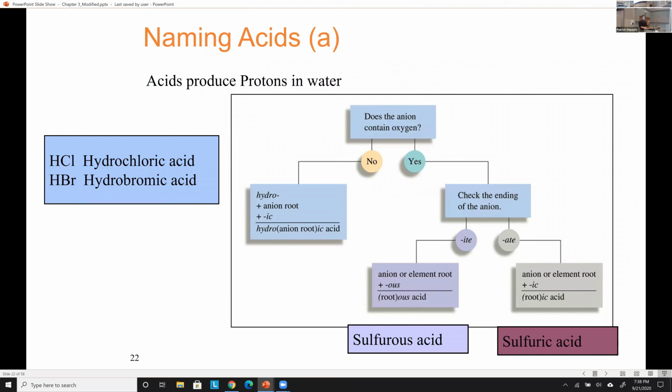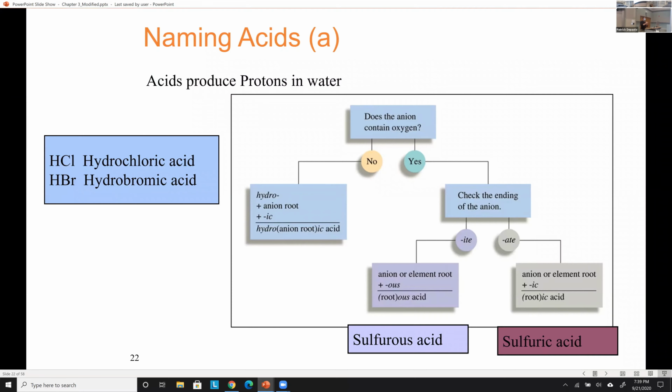So if it doesn't have oxygen, such as if it's just chlorine, just bromine, just phosphorus, just sulfur, then you would do this. You would add the hydro prefix, you would have the root of the anion, and you'd put an IC ending. So for anything that doesn't include oxygen in the anion, you would do this rule. So that includes HCl, hydrochloric acid.